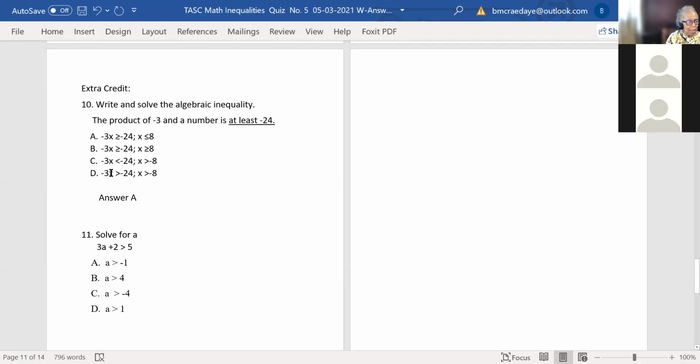Can't be C, can't be D. You can eliminate those, because one has a less than and one has a greater than. Your inequality symbol, when it says at least, has to be a greater than or equal to, as in A and B. Got it now? So you can eliminate C and D. It cannot be C and D, because C says less than minus 24 and D says greater than minus 24.